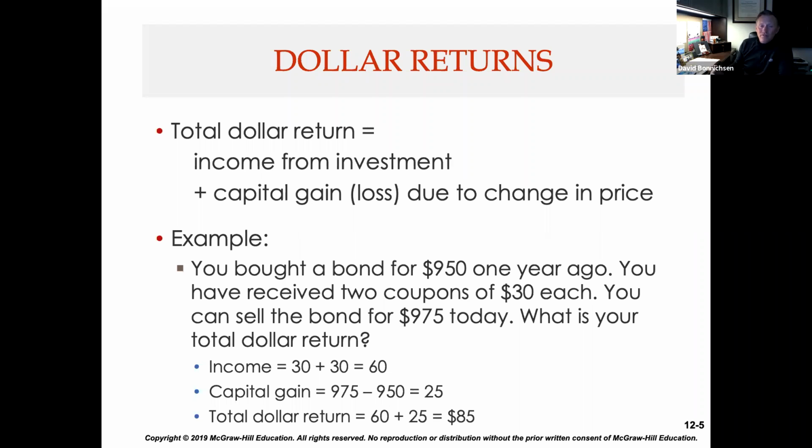So your total dollar return on that investment is 60 plus 25, or $85, right? So you made $85 in total on the initial $950 investment. So that's what the dollar return means.